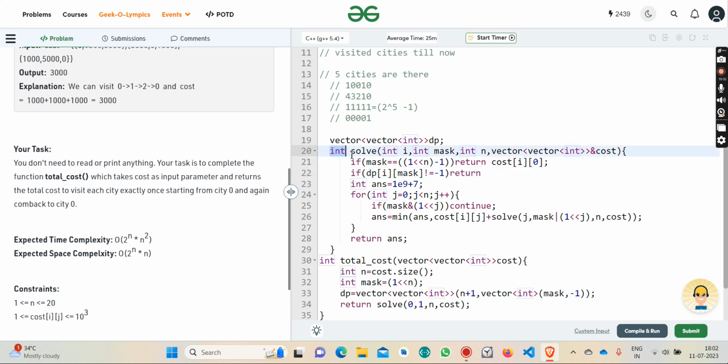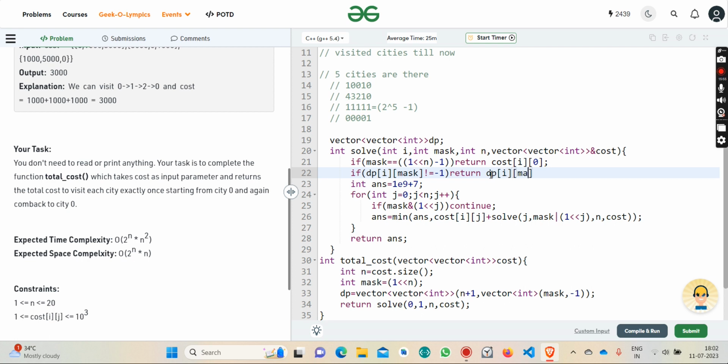When this solve function is called, it will first check whether I have already solved this state, meaning when the visited cities were this and I was currently at this city, then I do not require to solve it again and again. That's why dp memoization is used.